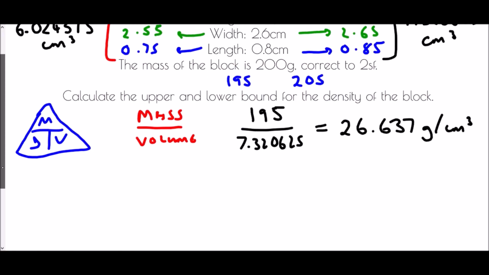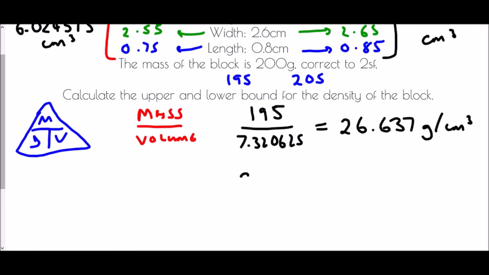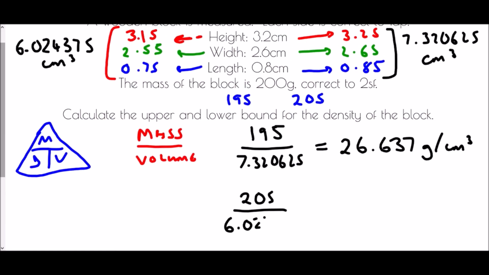The upper bound, well, that would have to be the largest possible mass at 205 being divided by the smallest possible volume. So 205 divided by 6.024375, and that comes to 34.028 grams per centimetre cubed.